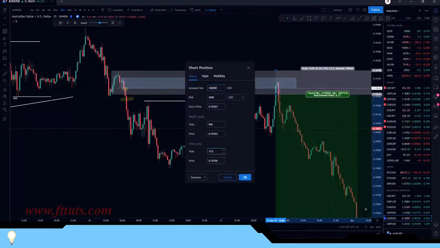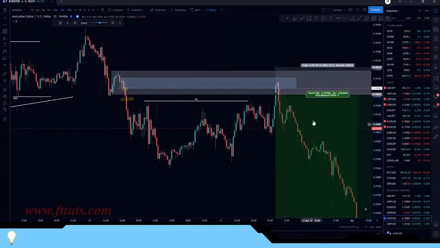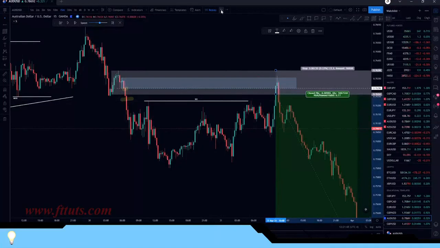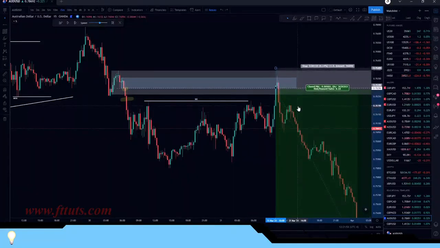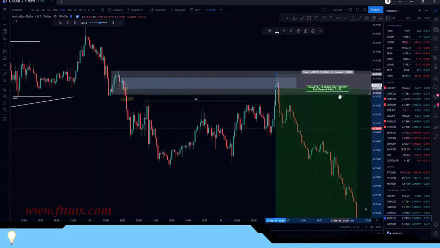So if this is a 13 pip stop loss, we would have a 15 pip stop loss. So previously, sorry, this would have been an 8.18 times risk to reward. However, the entry would have been slightly higher, with stop loss at around here, giving us more than 10 times our risk in reward.